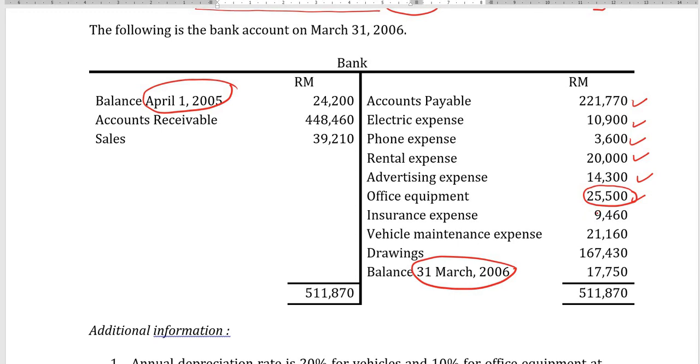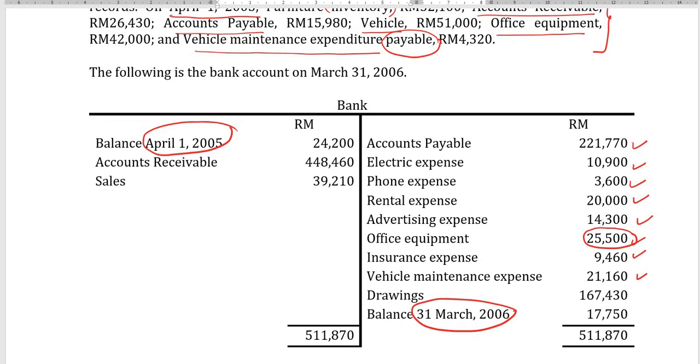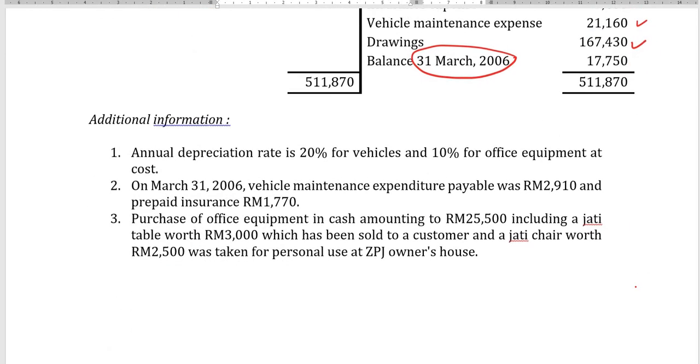That is actually your asset, right? Okay, and then we'll refer to the additional information later. Lepas tu kita ada insurance expense, vehicle maintenance expense. This one you need to do adjustment with the balance given here, and this is your cash drawings. Okay, clear?